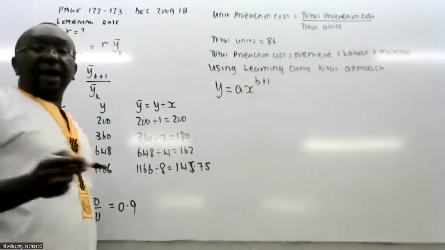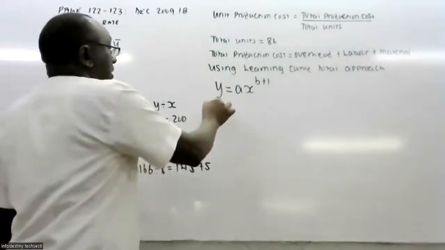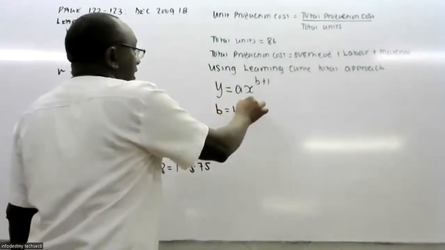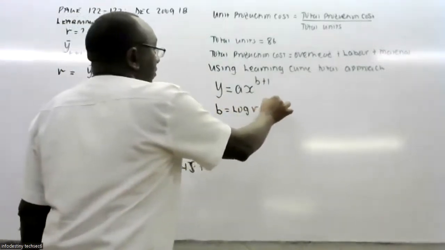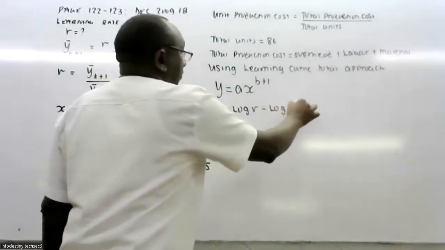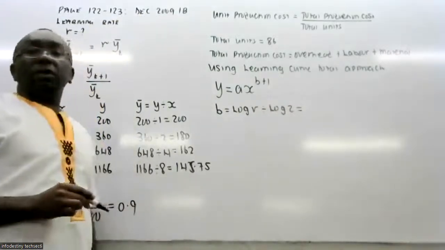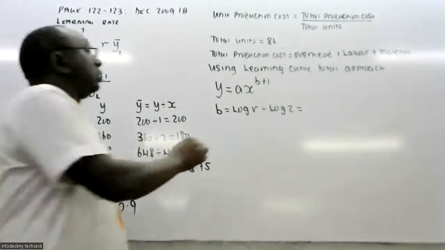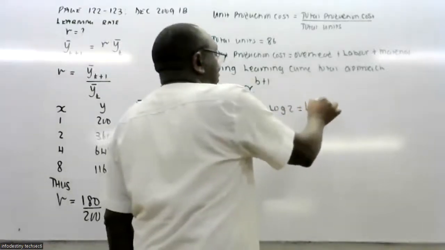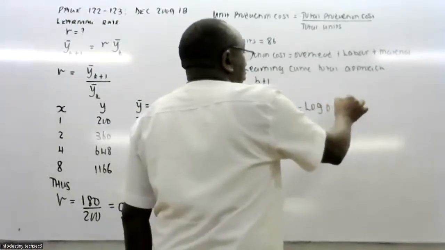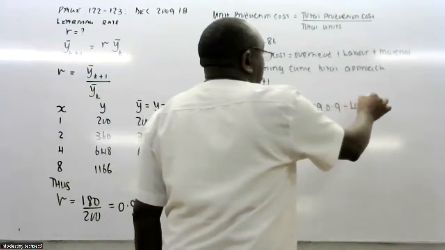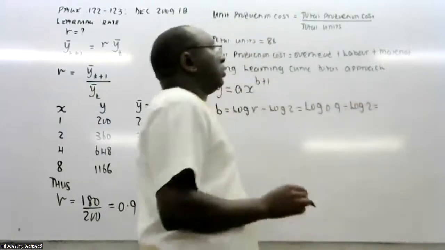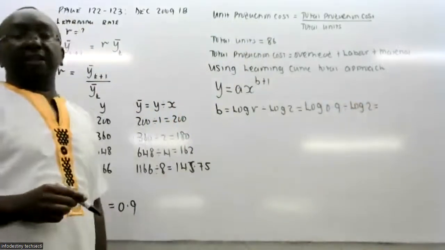Now we start identifying those items. So b, we know it is the log of r divided by the log of 2. We already know our r is 0.9. So the log of 0.9 divided by the log of 2, you tell me to 3 decimals what that value is.